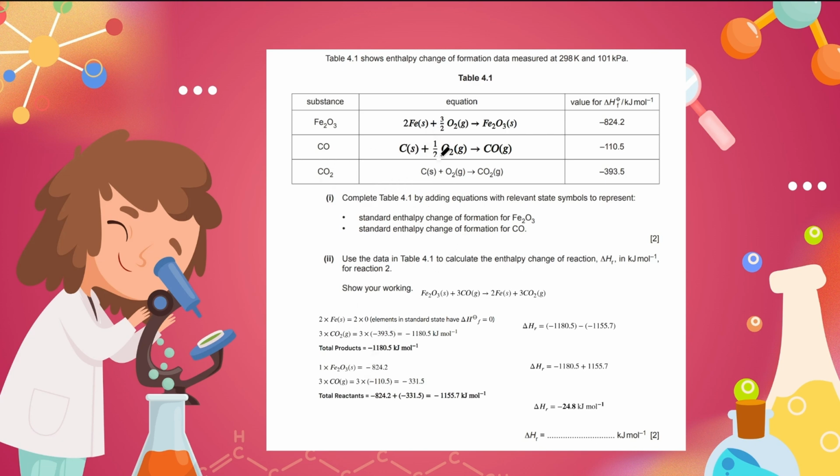And then how to find the enthalpy. This is the equation. Remember, if you want to find the enthalpy for this, make sure the equation is correct. Since we know this one is only one, we just multiply it.